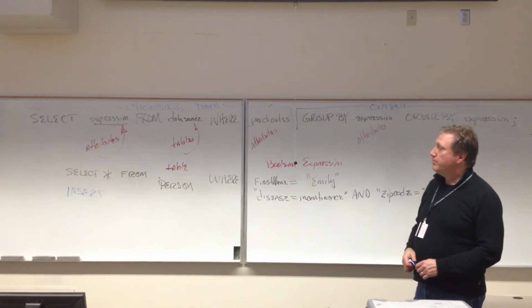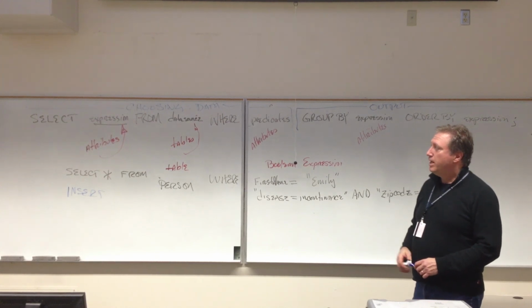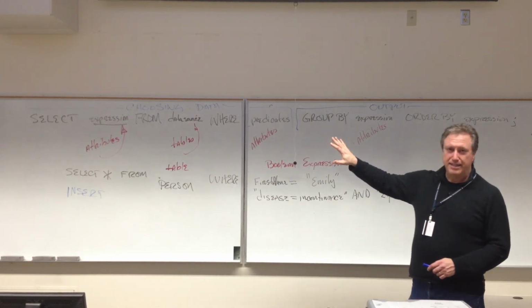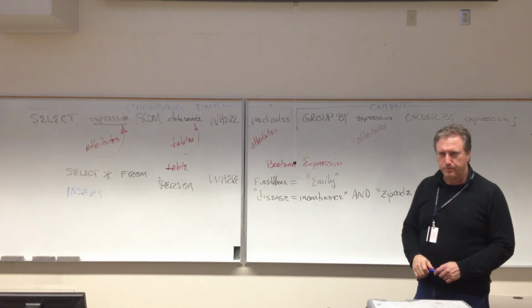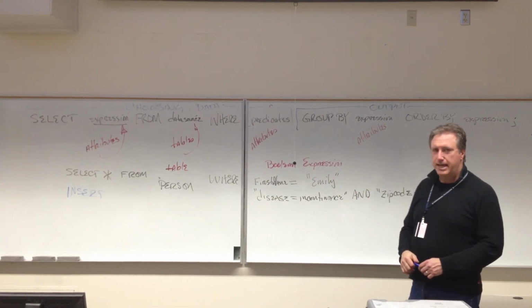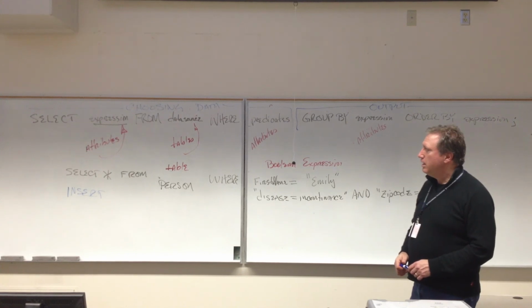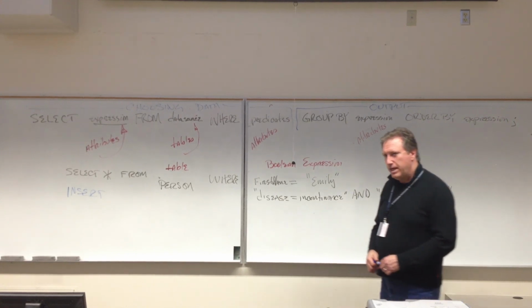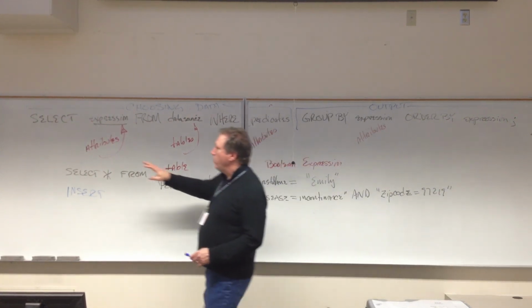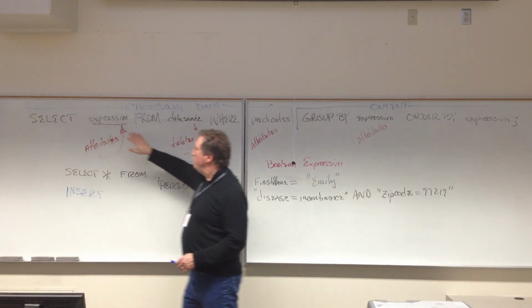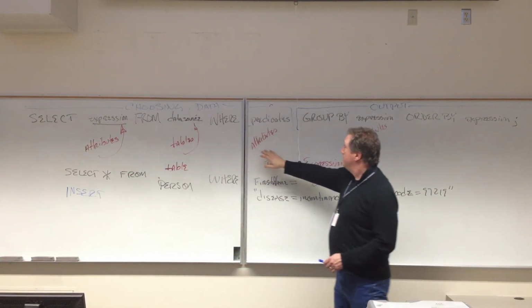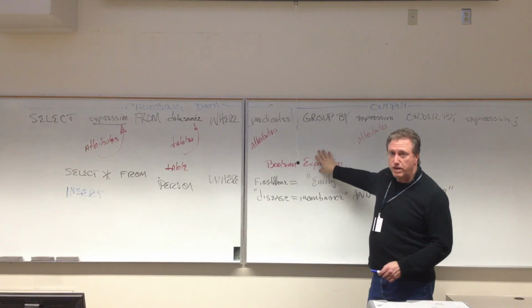So, just to review, this is the text form of a query. This is in a language called Structured Query Language, SQL. A particular query always has a way of choosing what you want to see using your attributes.